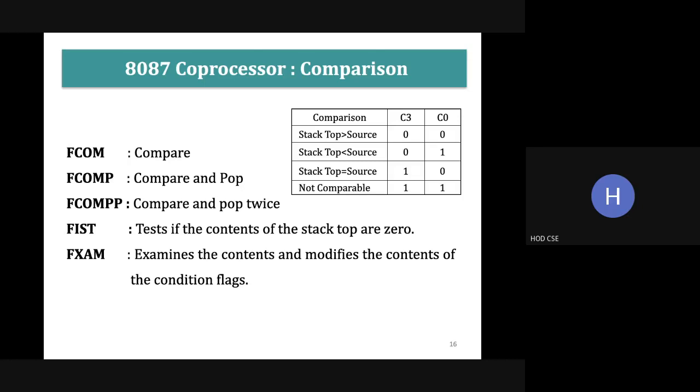If it is equal, it is 1, 0. If 1, 1, that is not a valid operation. To perform this comparison we use FCOM, then compare and pop, and compare and pop twice. So there are three instructions for comparison: compare, compare and pop, and compare and pop twice.